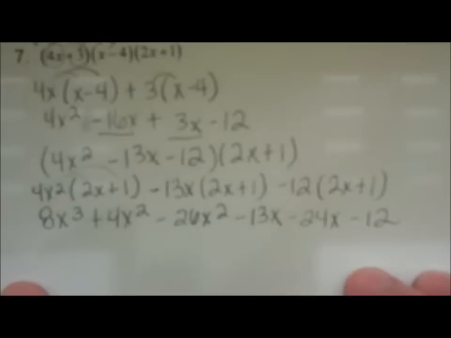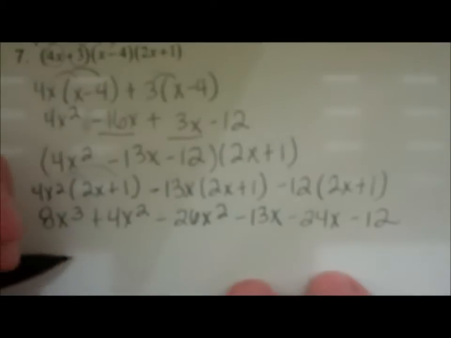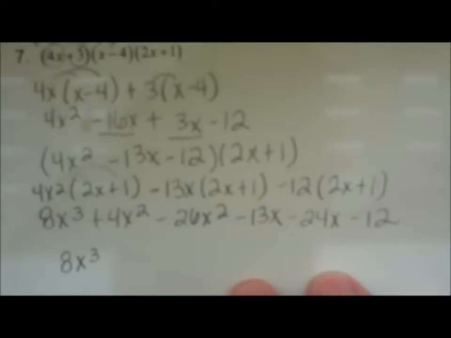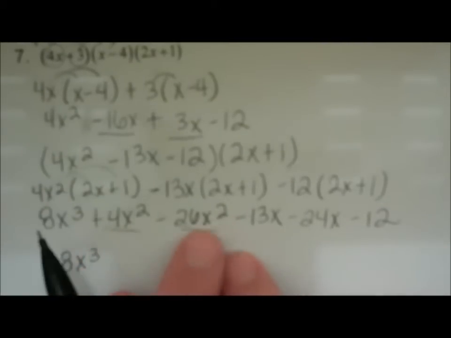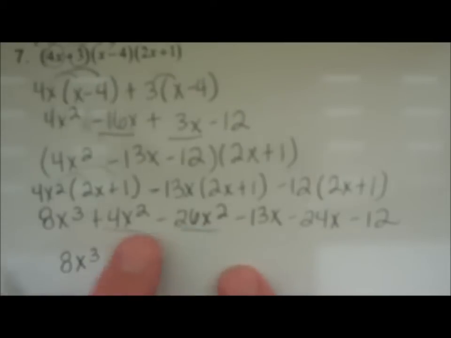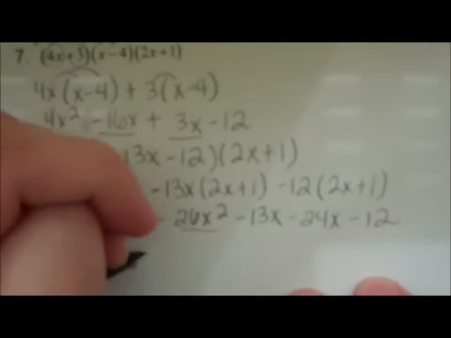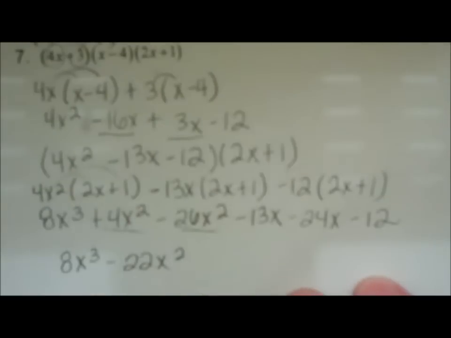Okay, after we distribute everything, we combine like terms. This first one, there's no other x cubed, so we write 8x cubed. We have an x squared here and an x squared here. If we combine these two, negative 26x squared and positive 4x squared, that gives us negative 22x squared.